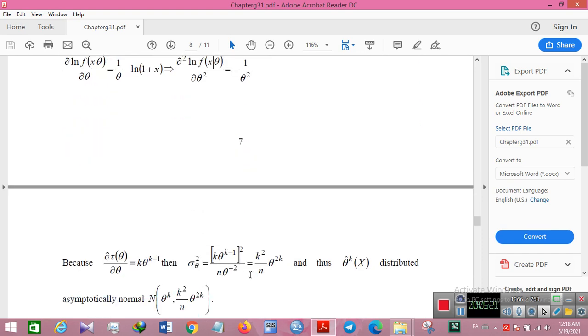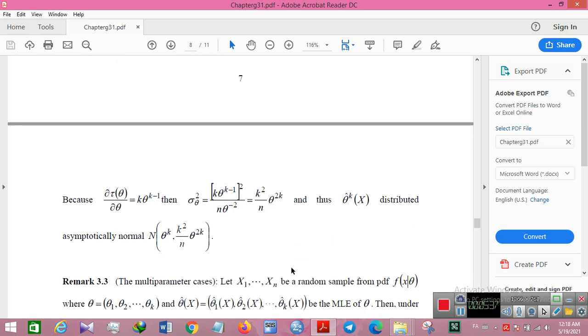So we can find the derivative of 2 theta with respect to theta, and the variance is given by theta square over n theta 2 to k. So the estimated theta at k(x) has an asymptotic normal distribution as follows.